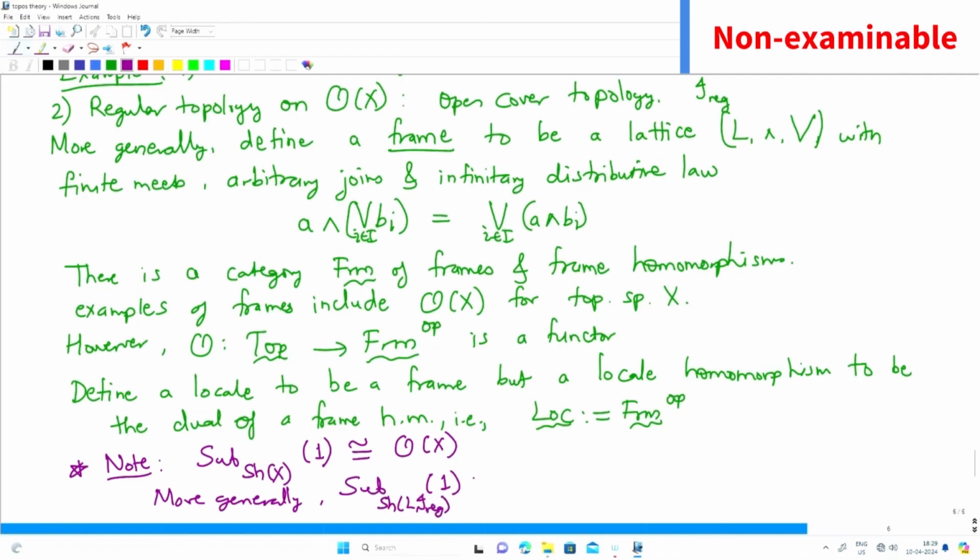The regular topology can also be defined on a locale, and it will recover L. So there is a way of recovering the subobject lattice of the terminal object. It's called the subterminal lattice. So the subterminal lattice will return our original topology.